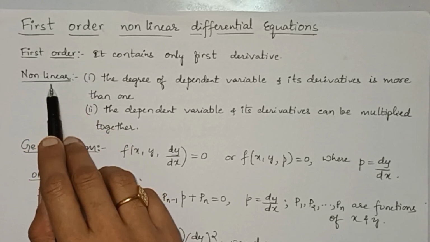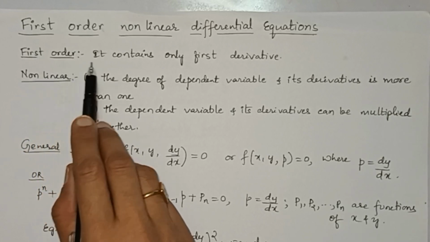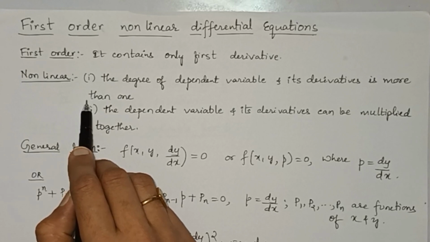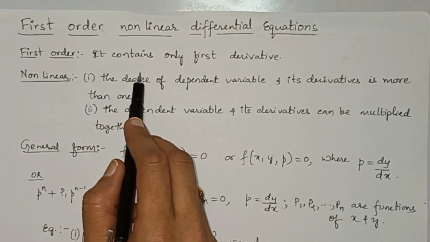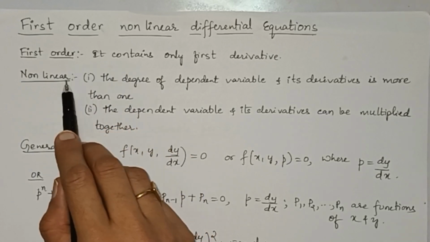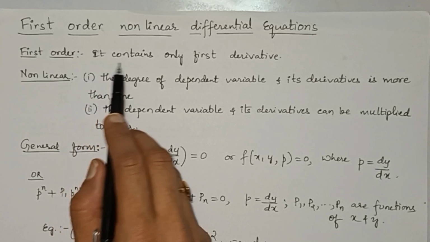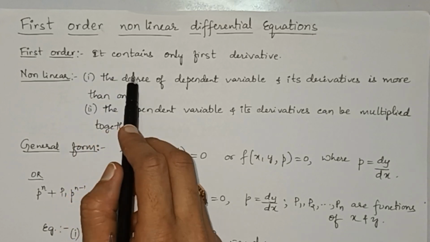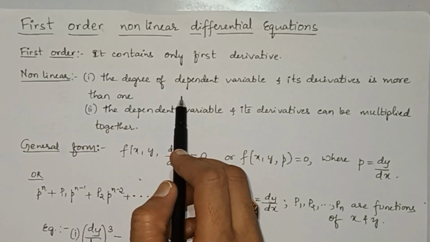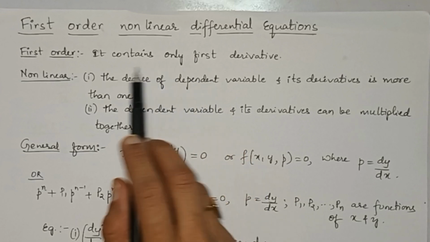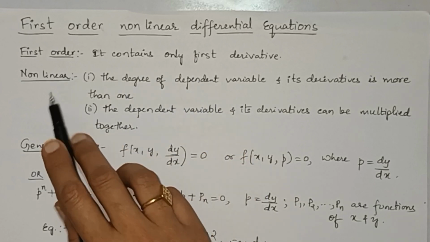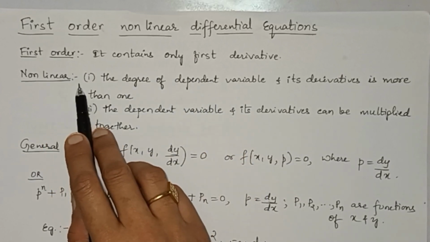So first order nonlinear means you have just dy by dx, and the power of dy by dx is more than 1, and you can have the product y into dy by dx whole square or y square into dy by dx whole cube. All of that is valid in the case of nonlinear equations.